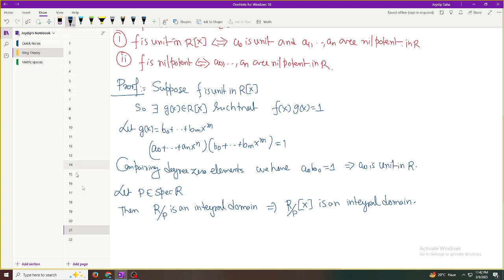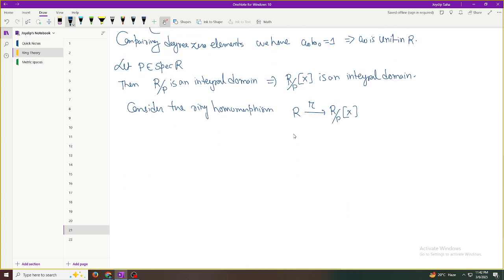Consider the ring homomorphism pi from R[x] to (R mod P)[x], sending b0 plus and so on to the corresponding classes.